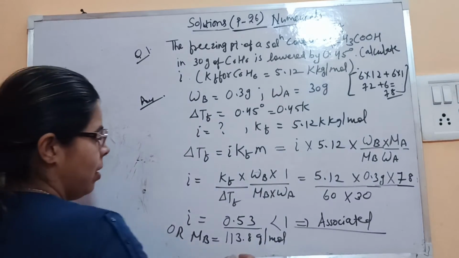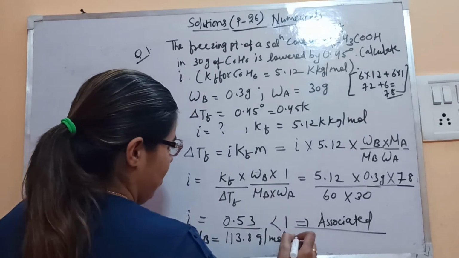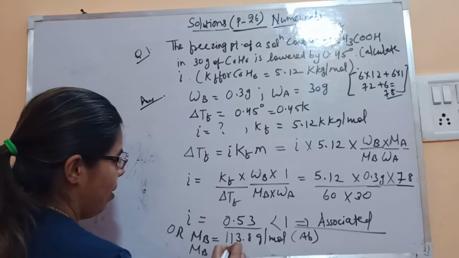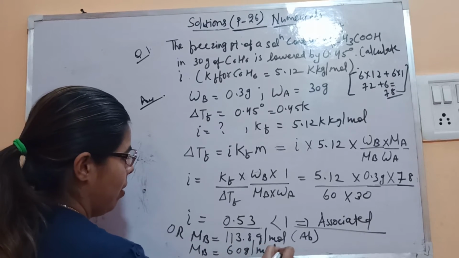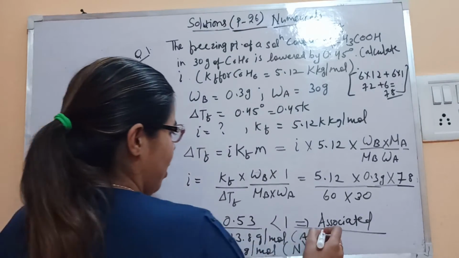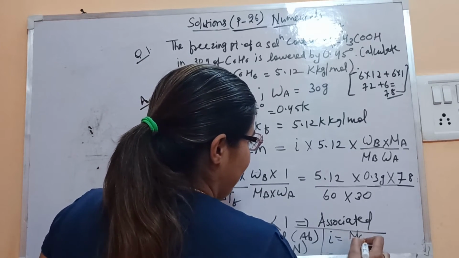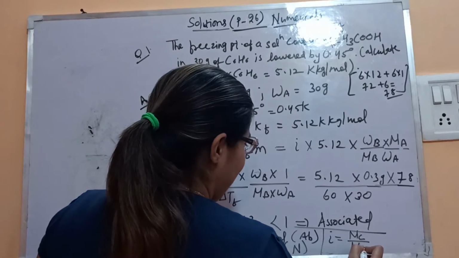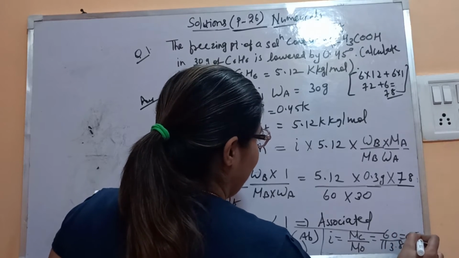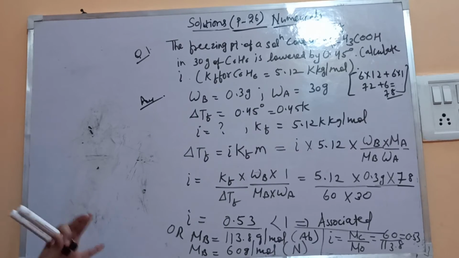This is your abnormal molar mass, and the normal one is 60 gram per mole. Then i is the normal molar mass divided by the abnormal molar mass, equal to 60 divided by 113.8. You will get 0.53. So either way you can do, directly substitute there or do it like this. It's one and the same thing.